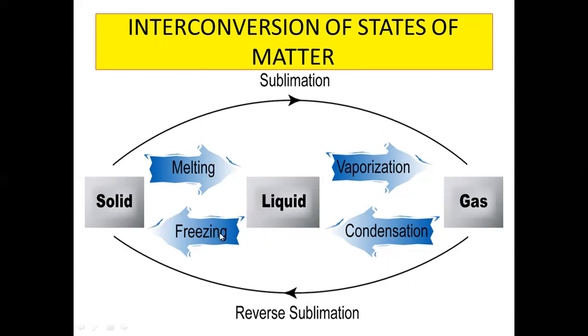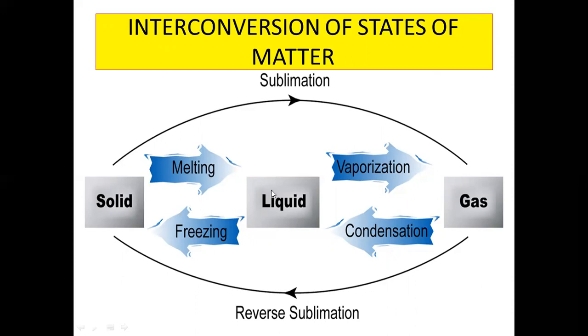The constant temperature at which a liquid freezes or changes into the corresponding solid is called the freezing point of the liquid. The freezing point of the liquid is the same as the melting point of the solid.